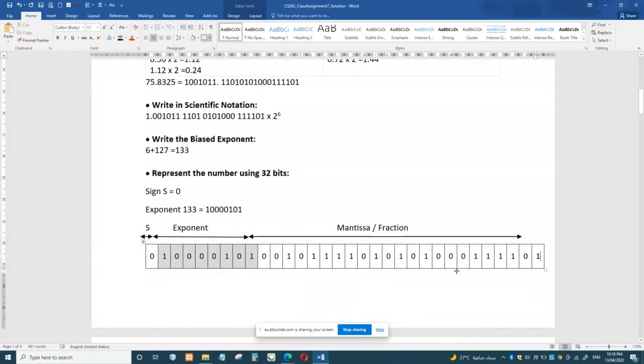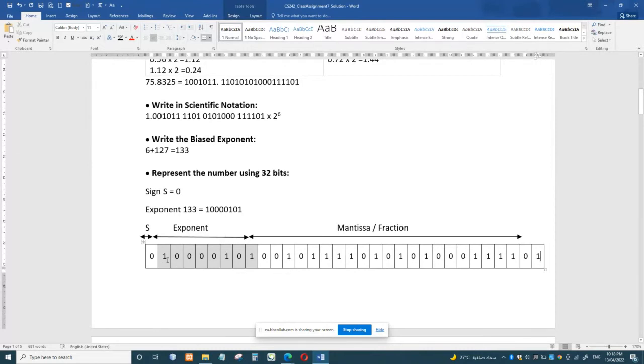I think we have 23 bits here: 1, 2, 3, up to 23. So we have used exactly 23 bits for representing the whole mantissa or fraction.